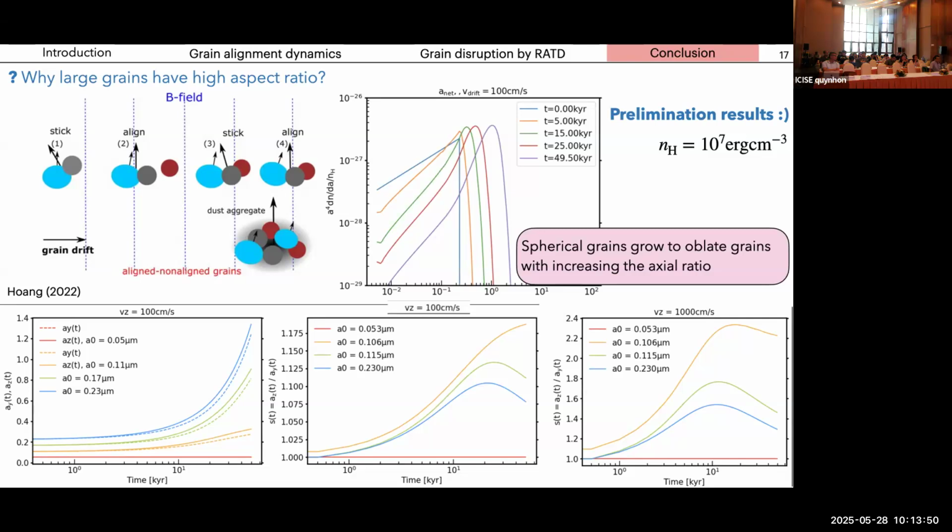So the second question is, what do you expect from this kind of different coagulation on the porosity? What's the impact of this different coagulation scheme on the porosity of dust grains? On the porosity? Right. I think in the case that grains coagulate isotropically, they will become higher porosity.